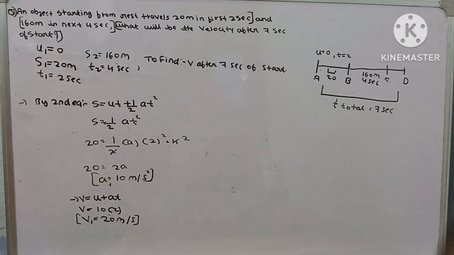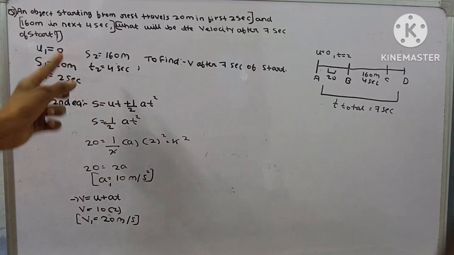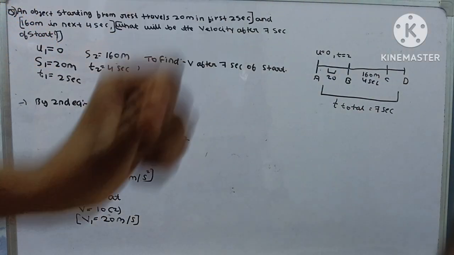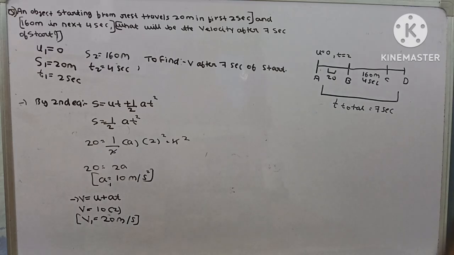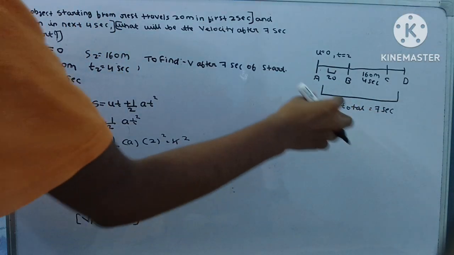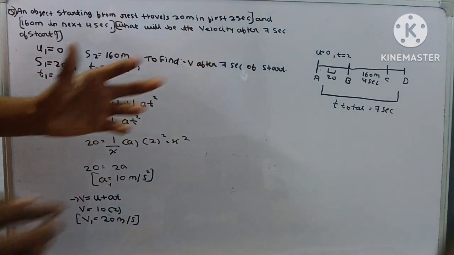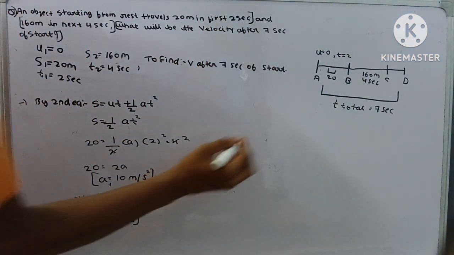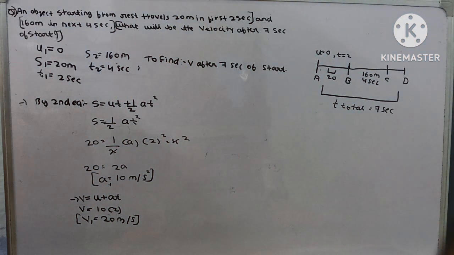Before going further, we have to note that the final velocity of this case is the initial velocity for the second case, right? If the object starts from rest, which is 0, then for this case the final velocity will be 20 meter per second at the A to B case, which means the object's velocity is 20 meter per second at point B.